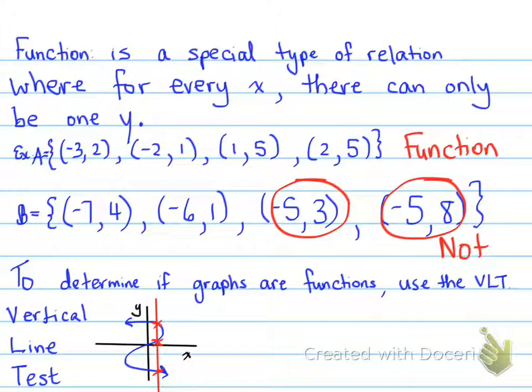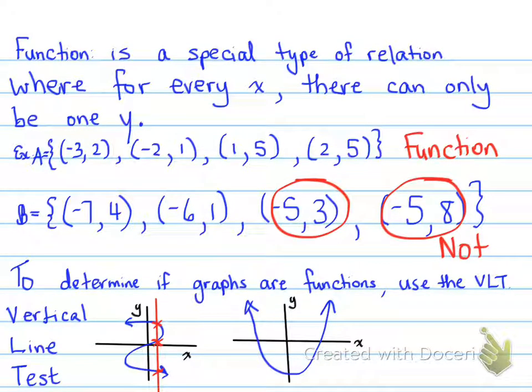Let's look at an example of where it is a function. So here we go. And we look at this and we say, okay. We draw a vertical line, and we take that vertical line and move that vertical line anywhere on the graph. You see here, folks, I move it anywhere on this graph. And how many times does this vertical line touch the blue graph?